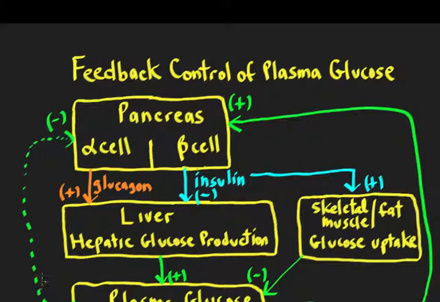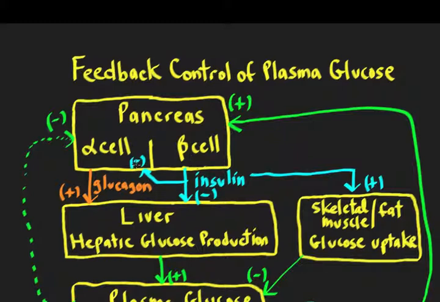The reason I'm making this dotted, I'm not saying this is the primary mode of glucagon regulation, is that the beta cells get blood flow first, and a lot of the beta cell products coming out are going to reach the alpha cell in a very high concentration, and it turns out that insulin actually has a negative impact on the alpha cell. Okay? In fact, the beta cells may even be releasing GABA. They do have the enzyme glutamic acid decarboxylase, or GAD.